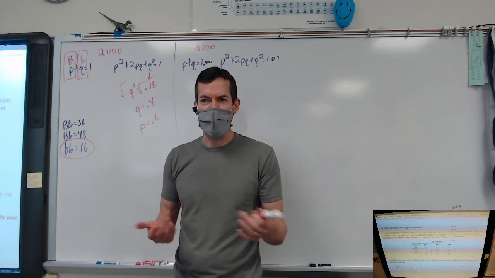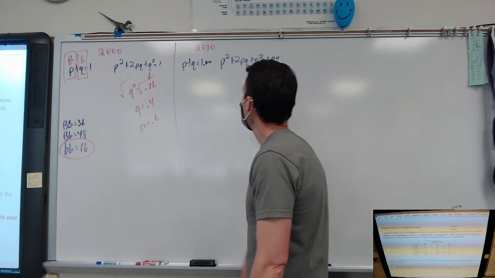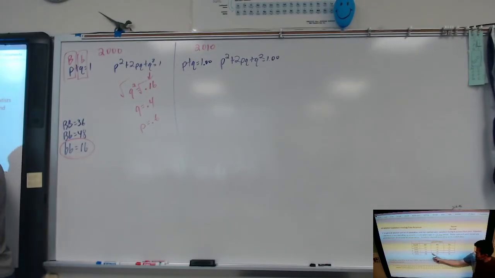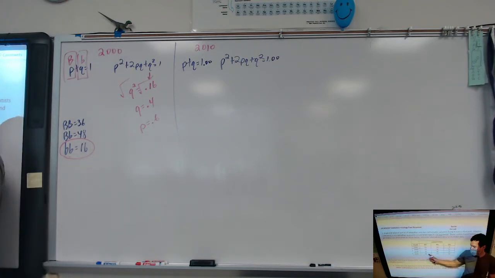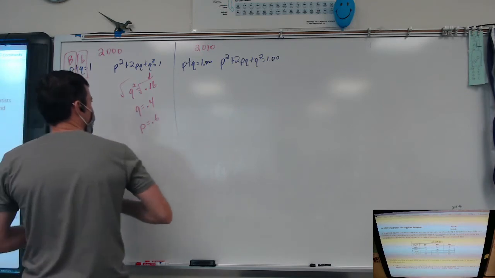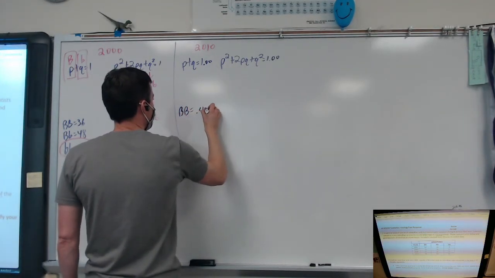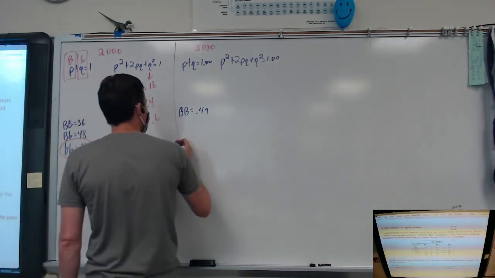The ratio is the same as a percentage, but the absolute numbers are more than 100. So if all this adds up to 200, then 98 out of 200 is 49%, so big B is 49%. 84 out of 200 is 42%.